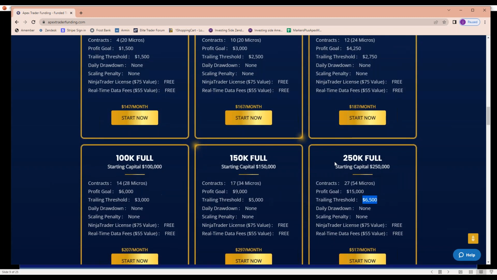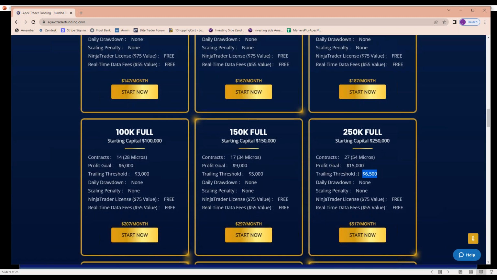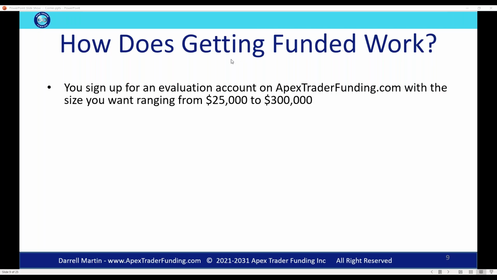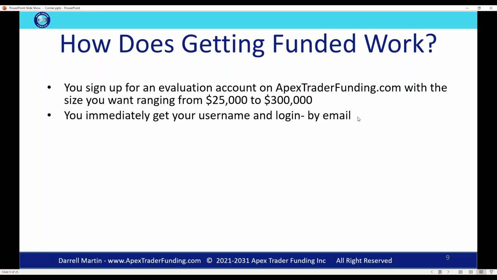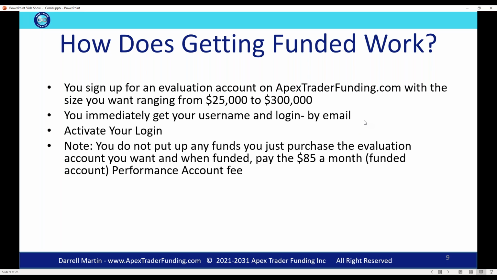Each plan offers, like I said, higher profit goals, higher stops, more contracts. You sign up, we're going to get you the discount. As soon as you sign up, you get an email with everything you need. You get access to the back office that gives you immediate access to everything, activates your login. You don't have to put up any funds. The only cost to you is the purchasing of the evaluation account, which I just showed you here, okay?